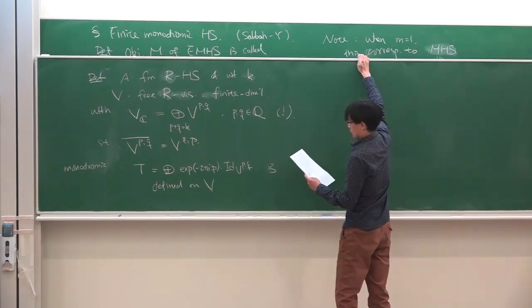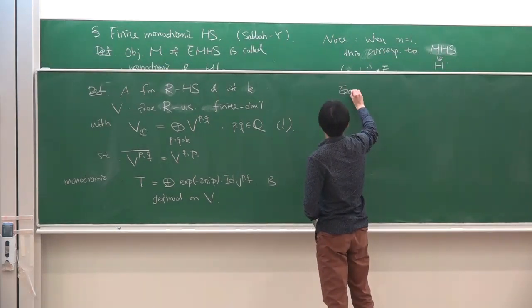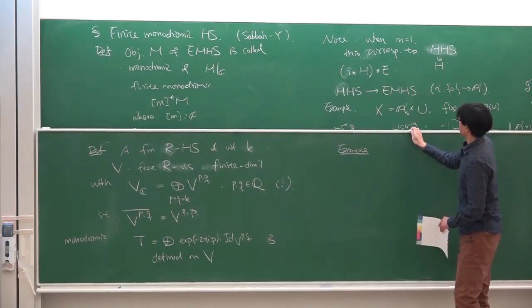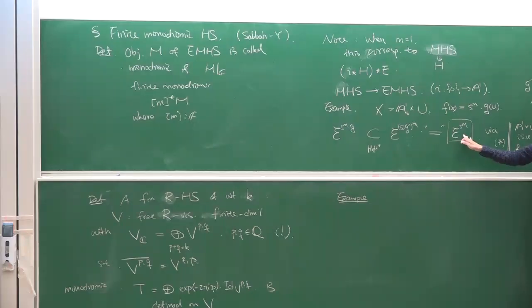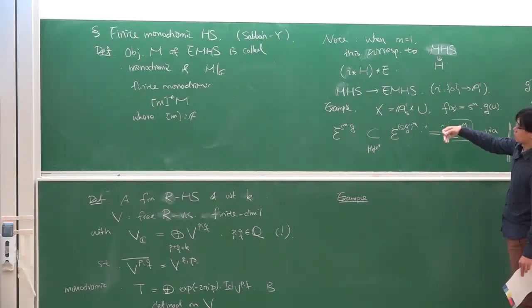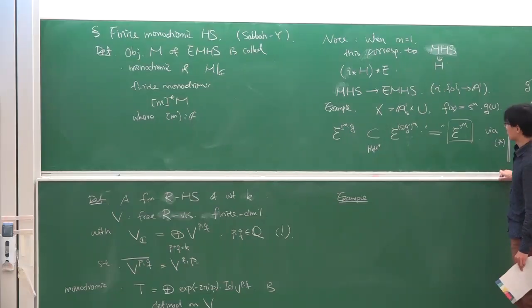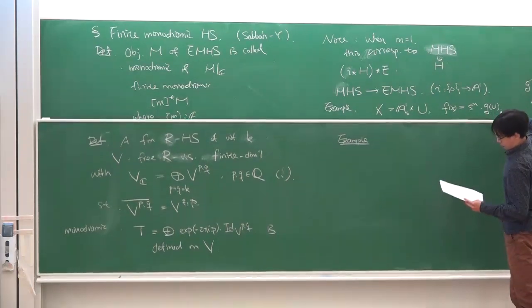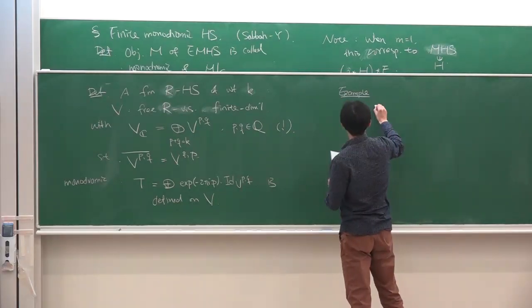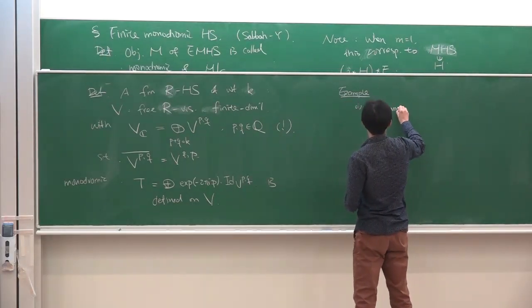Then for the example, also motivated by the example here, in this setting the essential new object besides the classical ones is this exponential A1. This is the gamma motive.